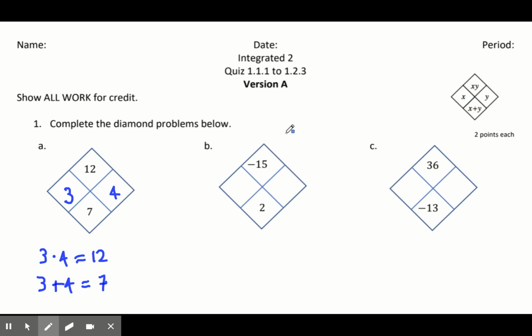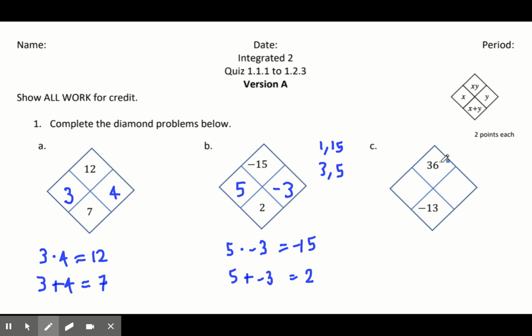So think about factors of 15 that subtract to 2: 1 and 15, 3 and 5. These have a difference of 2, and you want a difference of positive 2, so it would be 5 and negative 3, because 5 times negative 3 is negative 15, and 5 plus negative 3 is 2.